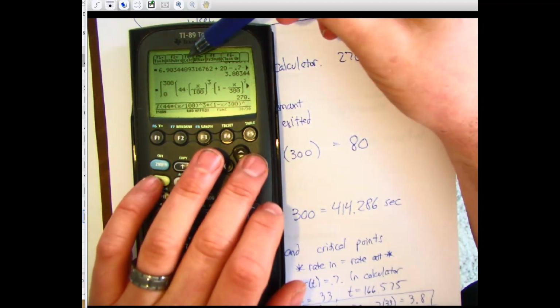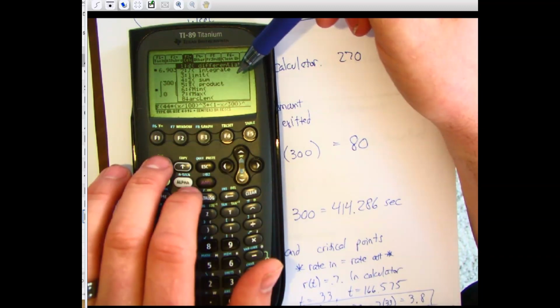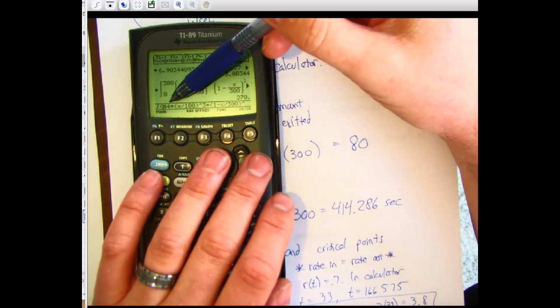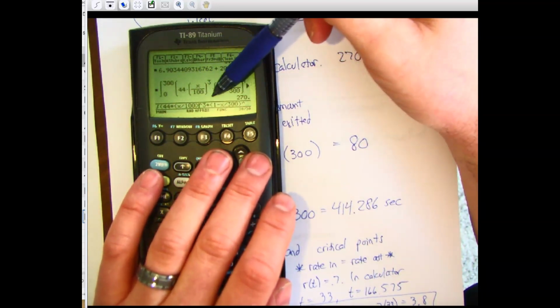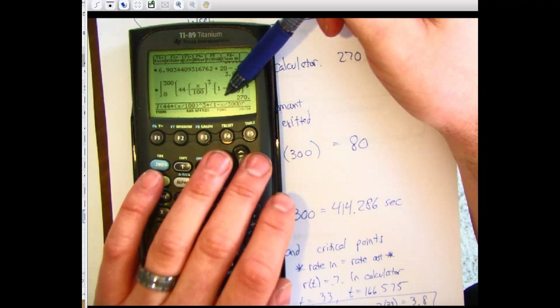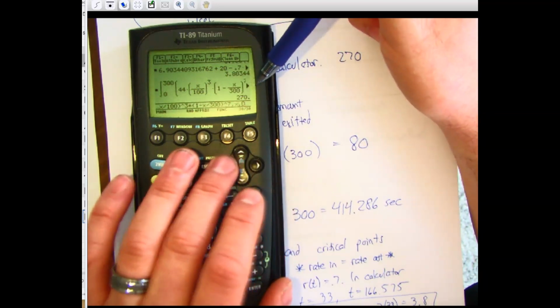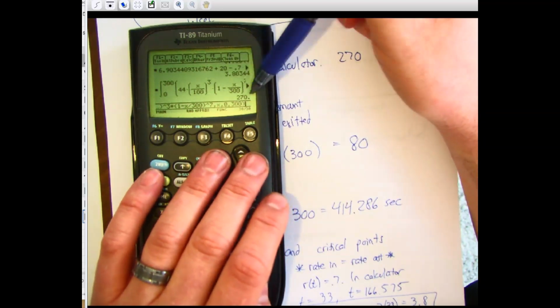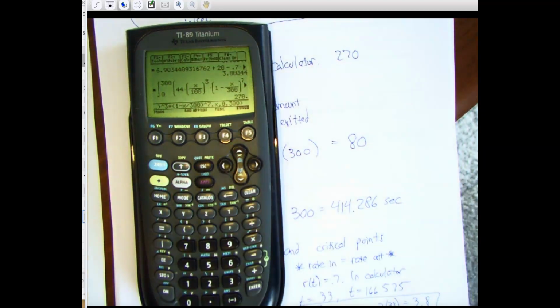If you hit F3 for calc, then you can hit integrate. And then I'm typing in the equation, so 44 times, x divided by 100 to the third times 1 minus x divided by 300 to the seventh. And then you put comma x because you're telling the calculator what variable you're in. And then comma 0, comma 300 because that's the limits that you're integrating.